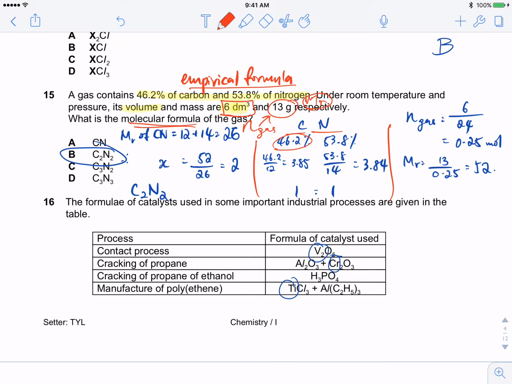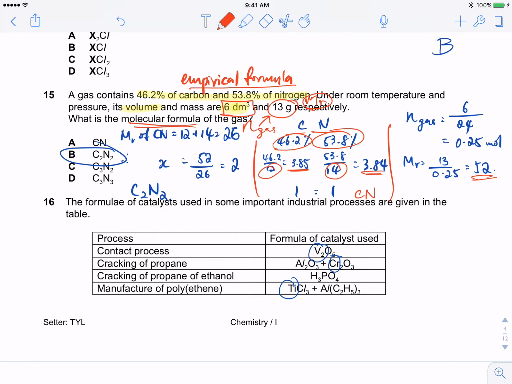Again, we take the percentage, divide by the Mr, we get a mole ratio, 3.85 is to 3.84. So it's roughly 1:1. So the empirical formula is CN. Now to find the number of moles of gas, just take the volume, 6 divided by 24 dm cubed, which is 0.25 mole. To find the Mr, just take the mass divided by the number of moles, we get 52.